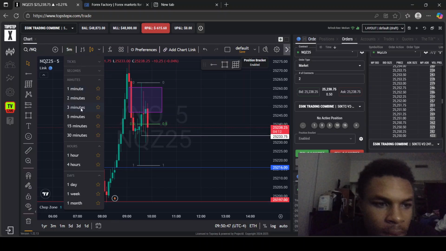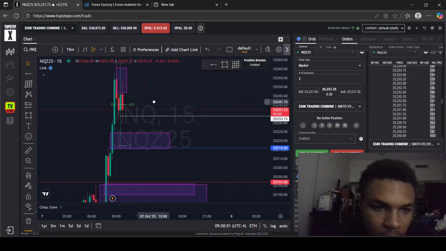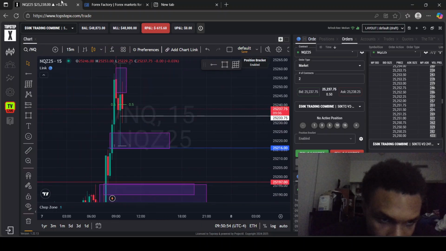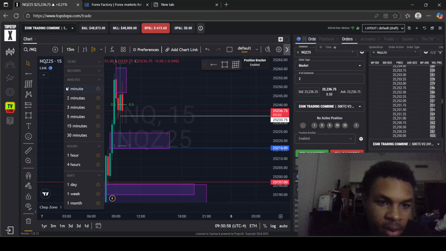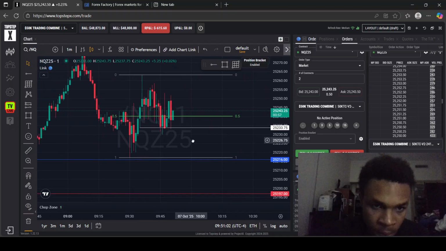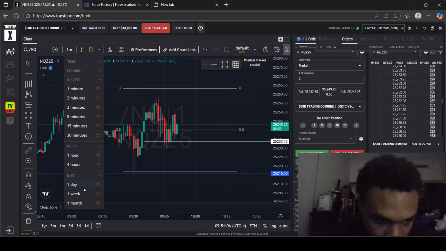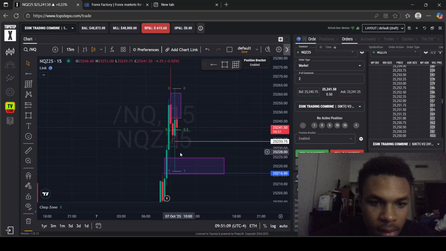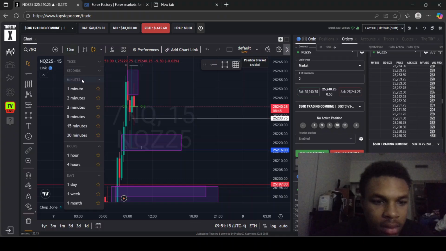I'm just waiting on a break of structure from either time frame. Because if we get one on the 5 minute, that's gonna lead to one on the 15 minute. But I'm scared that, okay, say we do go down to this 15 minute, we tap into this fair value gap. I'm scared we're going to inverse it.